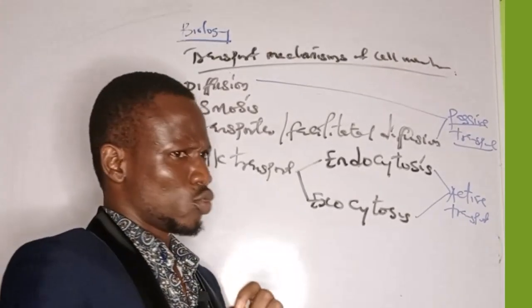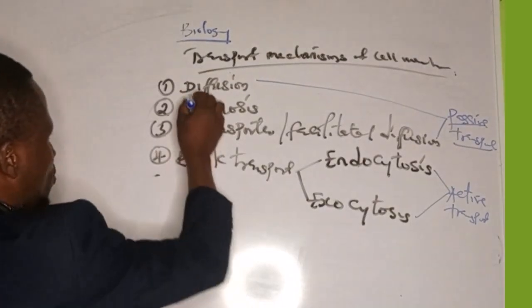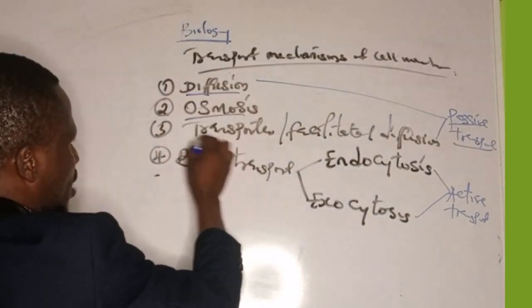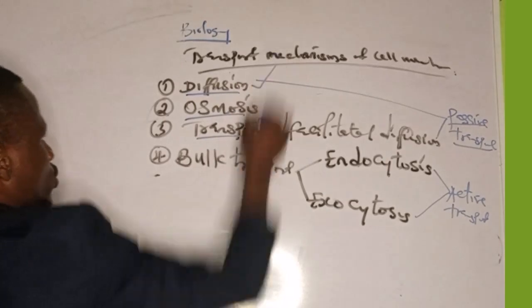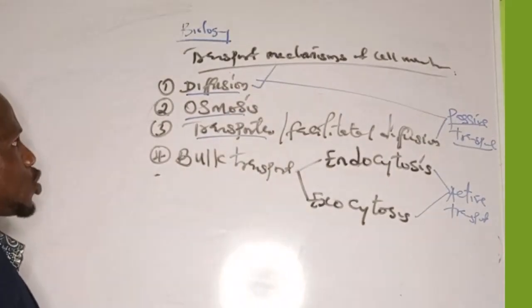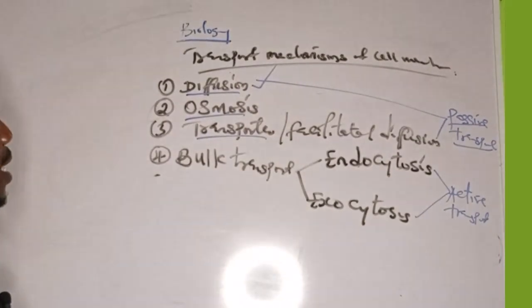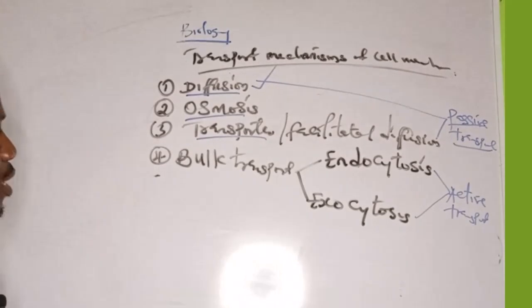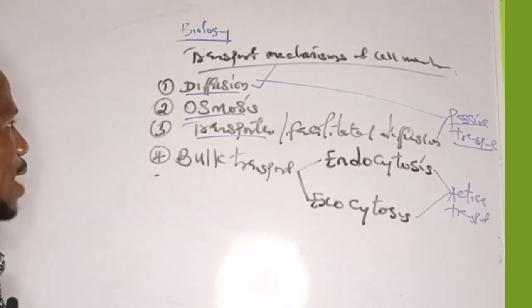So it's very important to understand what happens in diffusion, osmosis, and the transporter. I know you should be familiar with diffusion. We still cover that under the cell and its environment and other topics in biology.